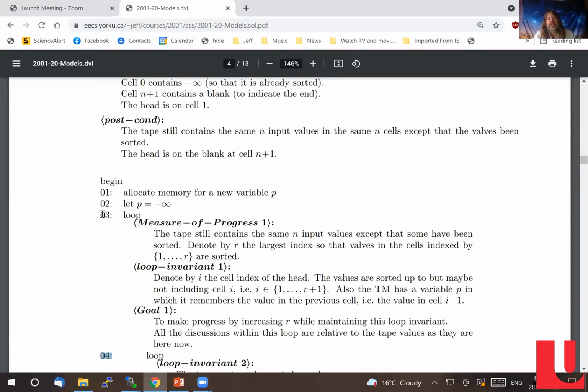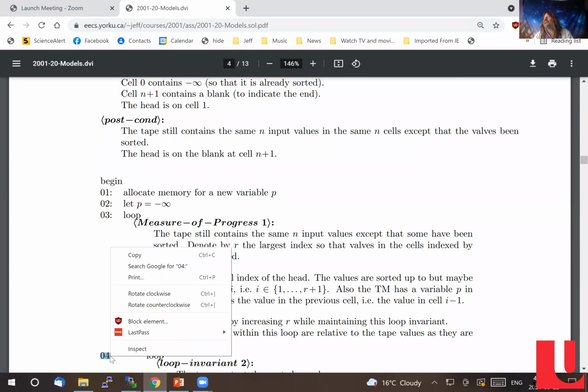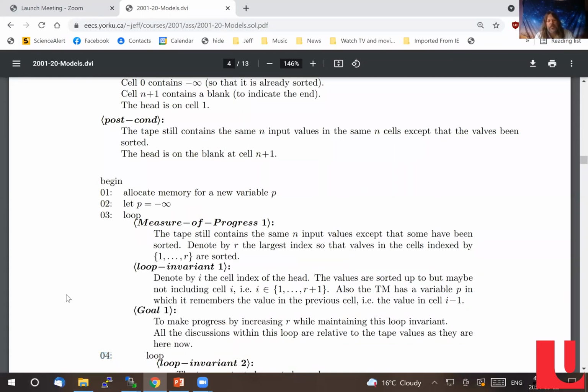The reason is that the start state is where the Turing machine starts before it's looked at the input at all, right? The start state can't depend on what the input is. It needs to just start there and then start looking at the input. And if you look at the code that's running along here, what is the code doing? It allocates a variable, it assigns a value to the variable.